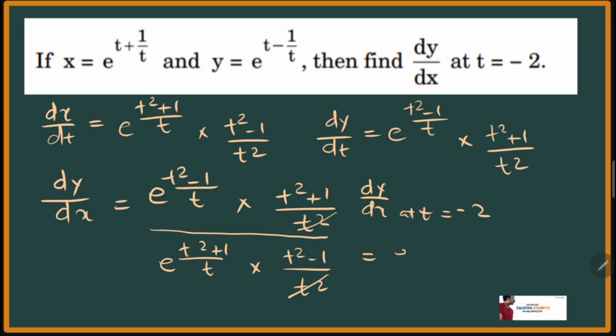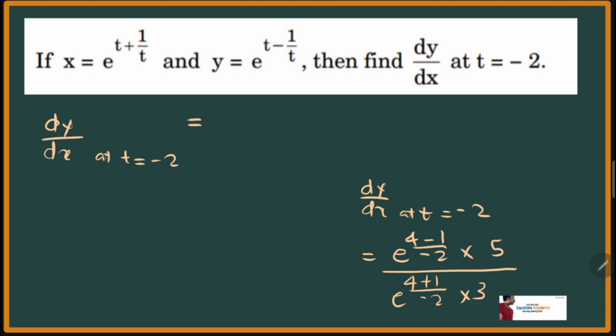So this becomes e raised to, in e raised to t square minus 1 by t, t is minus 2, so minus 2 square is 4, minus 1 by t is minus 2, into t square plus 1, t square is 4, 4 plus 1 is 5, divided by e raised to t square plus 1 by t, t square is 4 plus 1 divided by t, t is minus 2, into t square minus 1, t square is 4, 4 minus 1 is 3.